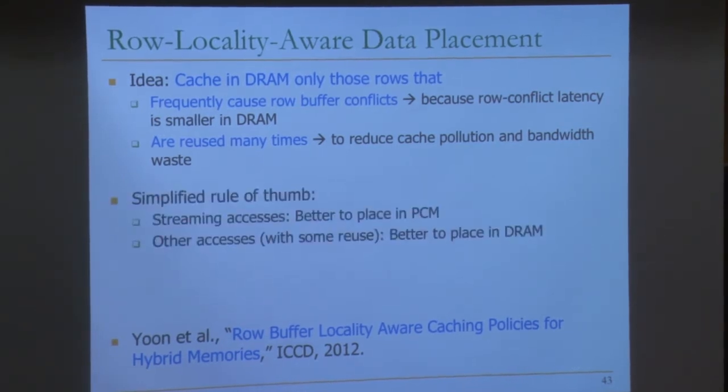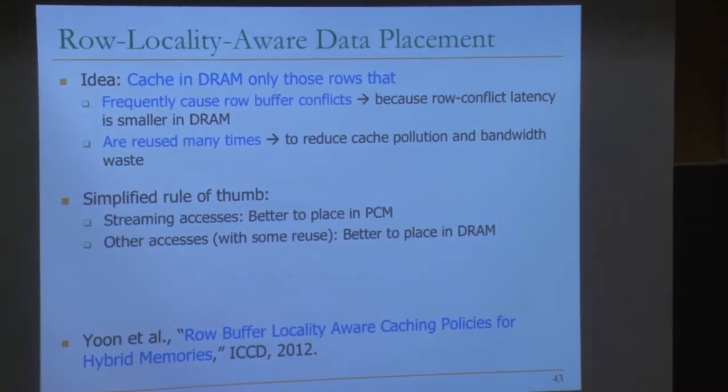So here's the simplified high-level rule of thumb that you'd want to follow in this type of system. For streaming accesses, if you're just streaming through data in the row buffer, let's leave it on PCM, because for most of those accesses, we'll just be accessing the row buffer. It'll be really fast.